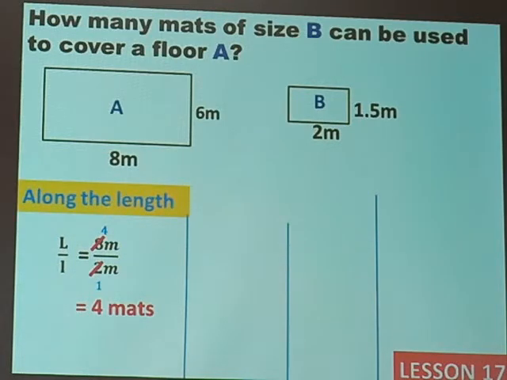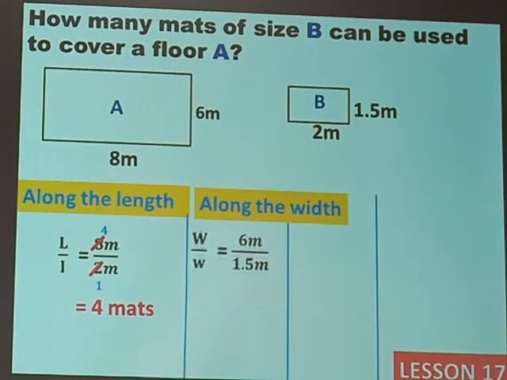Next, let's look at how many mats can fit along the width of the floor. Our formula before was length divided by length, because we were looking along the length. Now here it's along the width. What is it going to be?